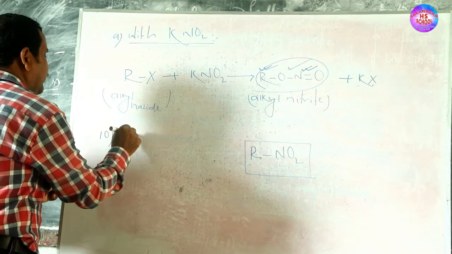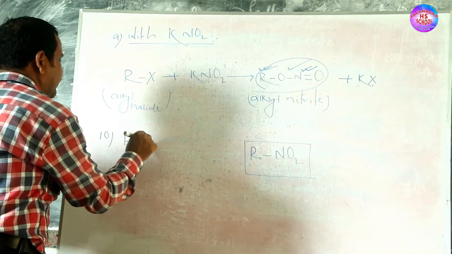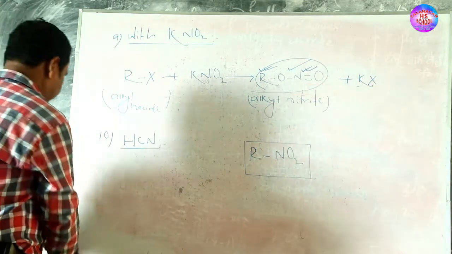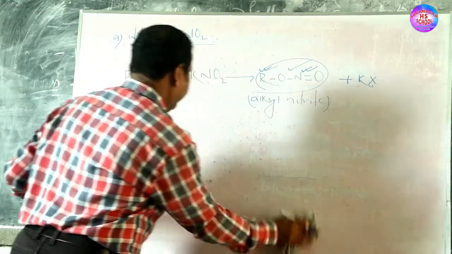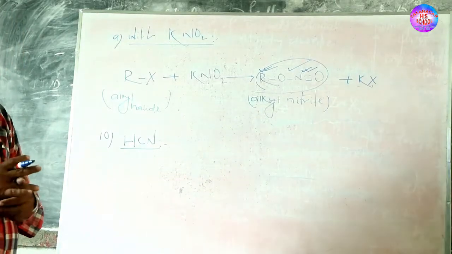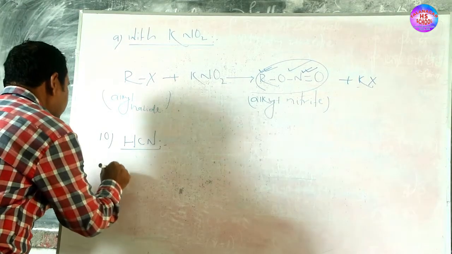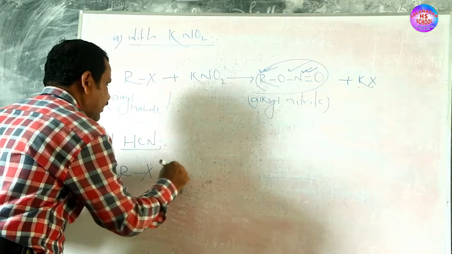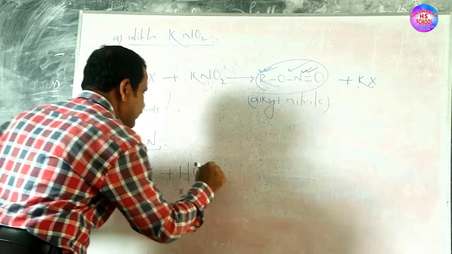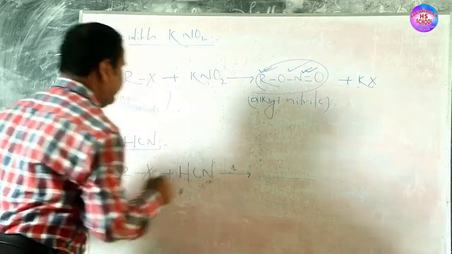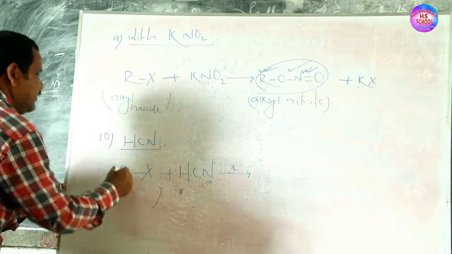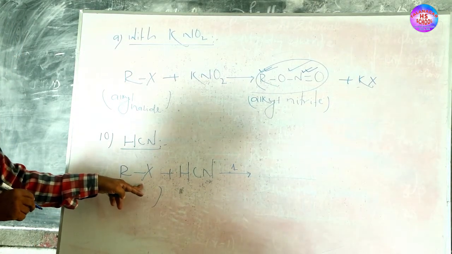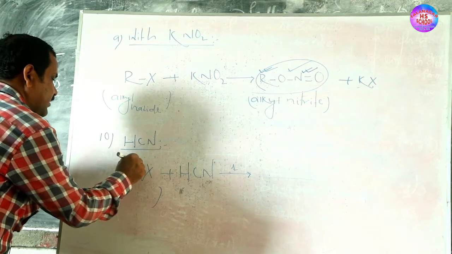Okay. Next, the last reaction 10, the reaction with hydrogen cyanide, HCN. The product will be a nitrile. For example, RX plus hydrogen cyanide, HCN. Upon heating, RX is alkyl halide, and the R–X bond breaks.